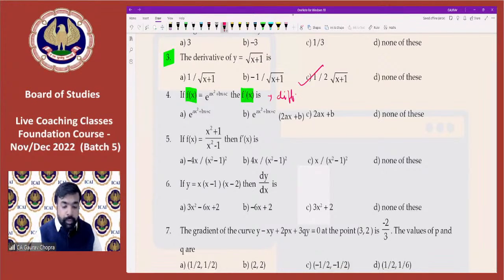So e to the power of ax square plus bx plus c. Now derivative of ax square will be 2ax. For bx it will be b. And for c it will be 0. So correct answer is option number B. So Divya has given the correct answer. Bhumika has also given.